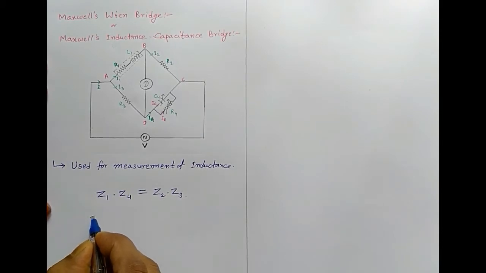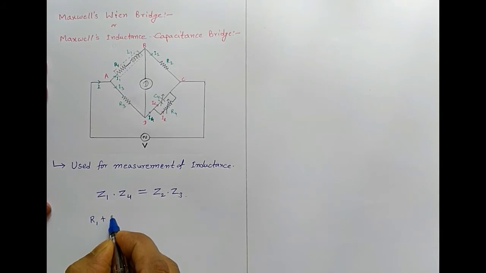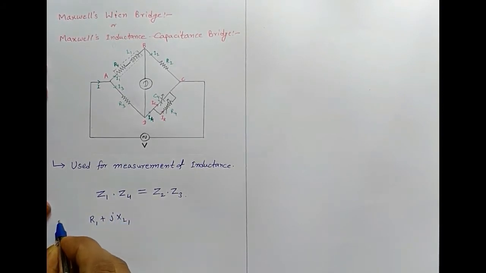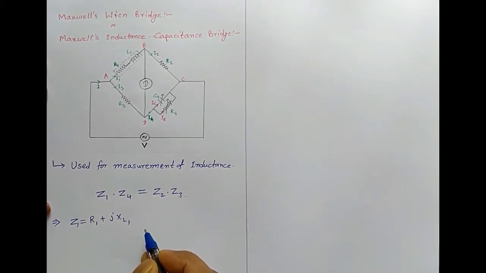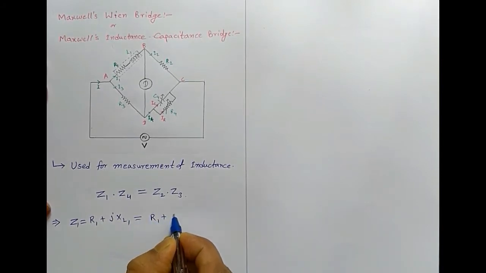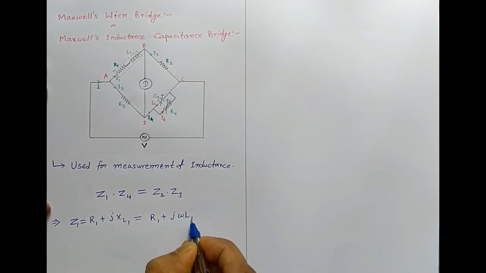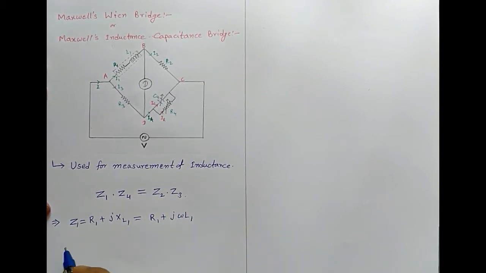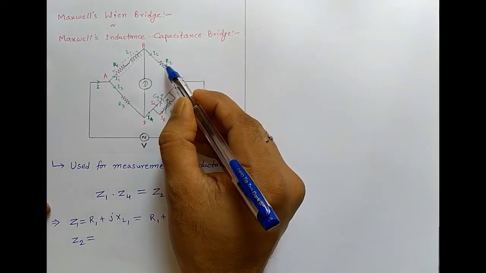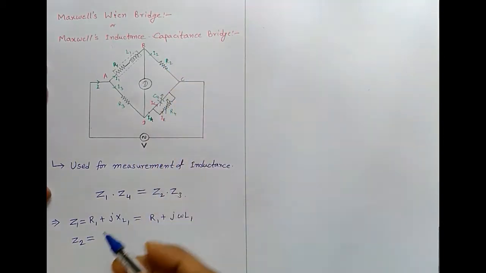Z1 is R1 plus jXL1, or you can say R1 plus j omega L1. Similarly, Z2 will be simply R2, because there is no inductor or capacitor in this arm.